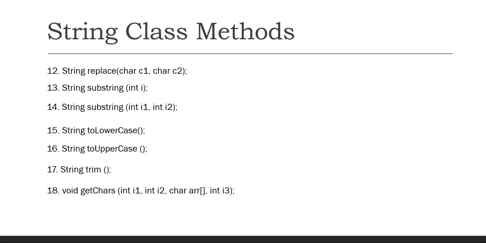Let's see what are the next methods available in the string class. So the next method available in the string class is split. Observe the syntax of the split method. First of all, the return type of the split method is a string array, and it is expecting some delimiter. So this method is useful to break a string into pieces at the place represented by the delimiter.